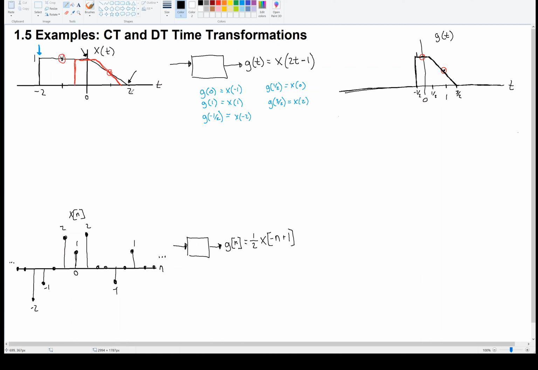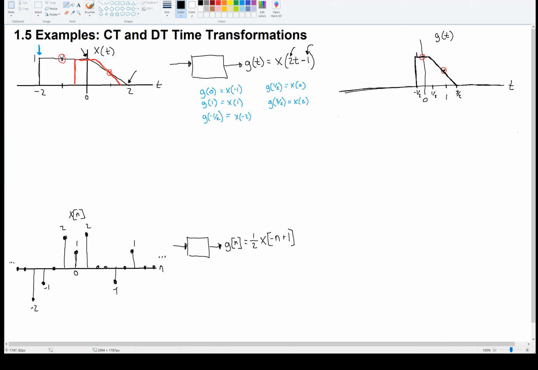So the width used to be 4, now it's 2, and that's due to this 2 here. It's been compressed by a factor of 2, and then we also shifted it to the right, and that's because we're subtracting a positive number. So that is what caused the shift there.